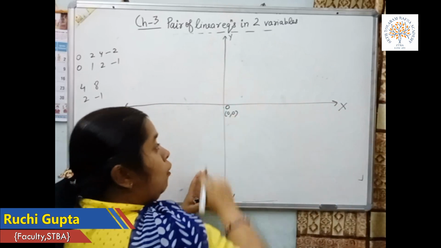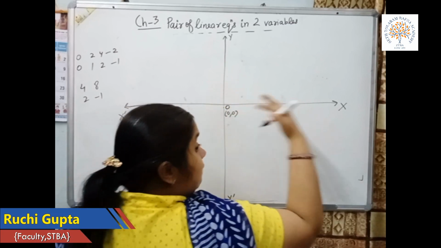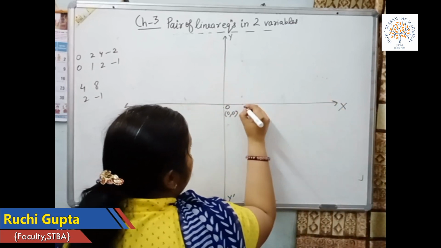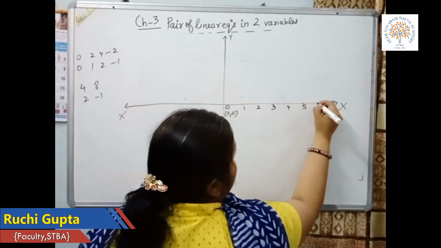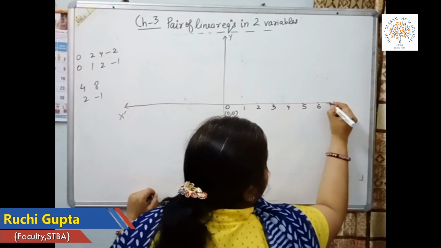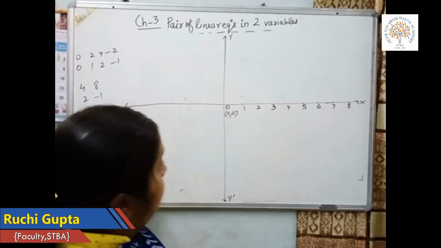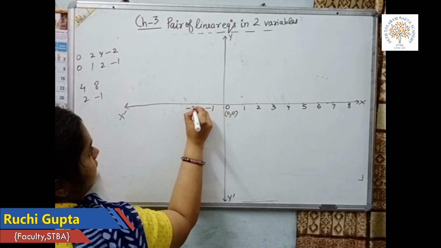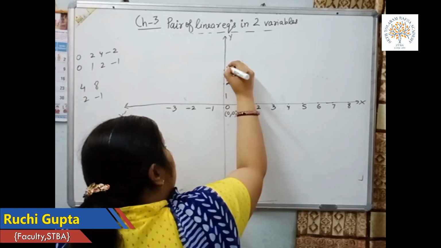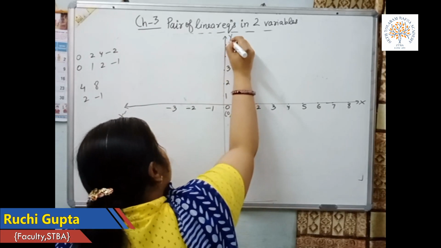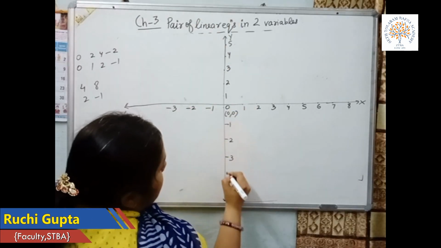They make an angle of 90 degrees. X-axis is always positive to the right of origin: 0, 1, 2, 3, 4, 5, 6, 7 and 8. And x-axis is negative to the left of origin. Y-axis is positive above origin and it is negative below origin.